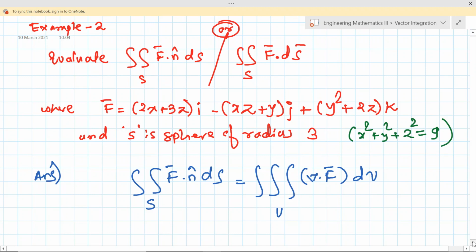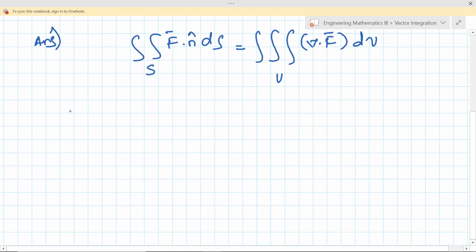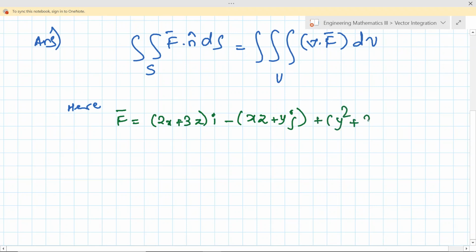Now what is f bar here? f bar is equal to (2x plus 3z)i minus (xz plus y)j plus (y square plus 2z)k.